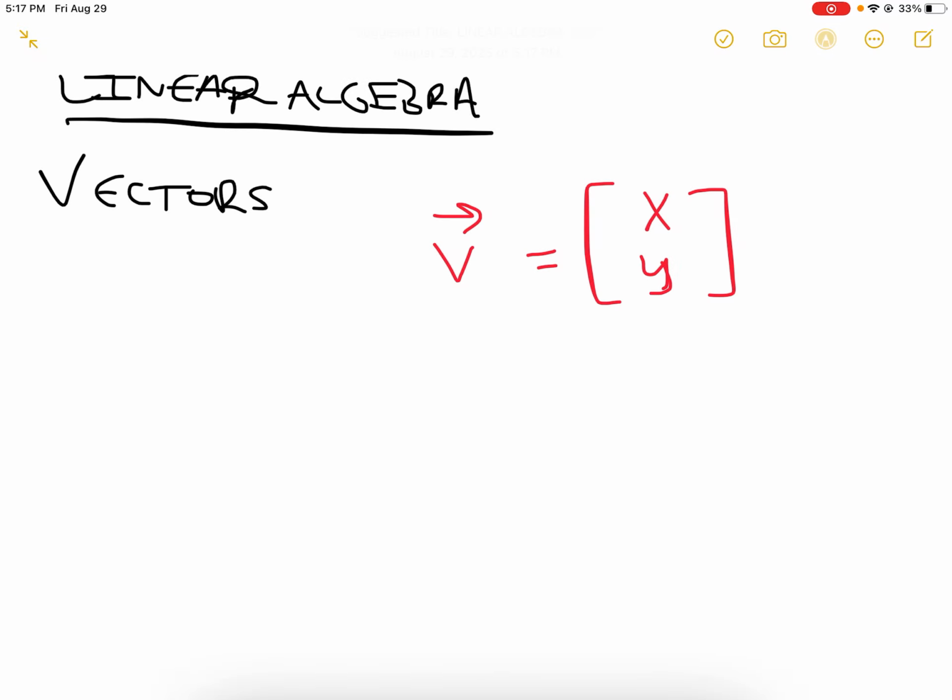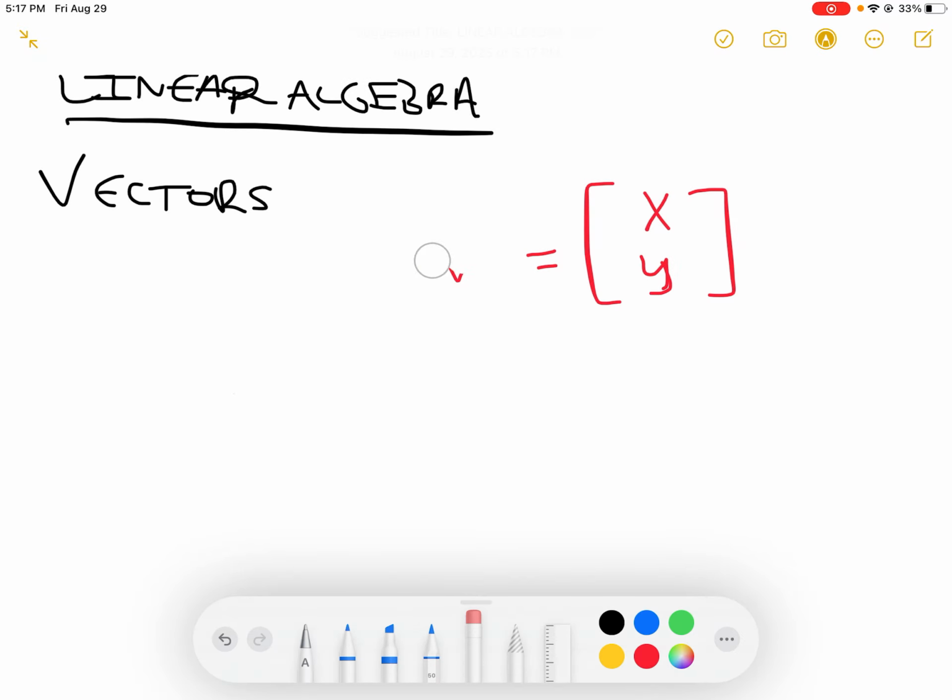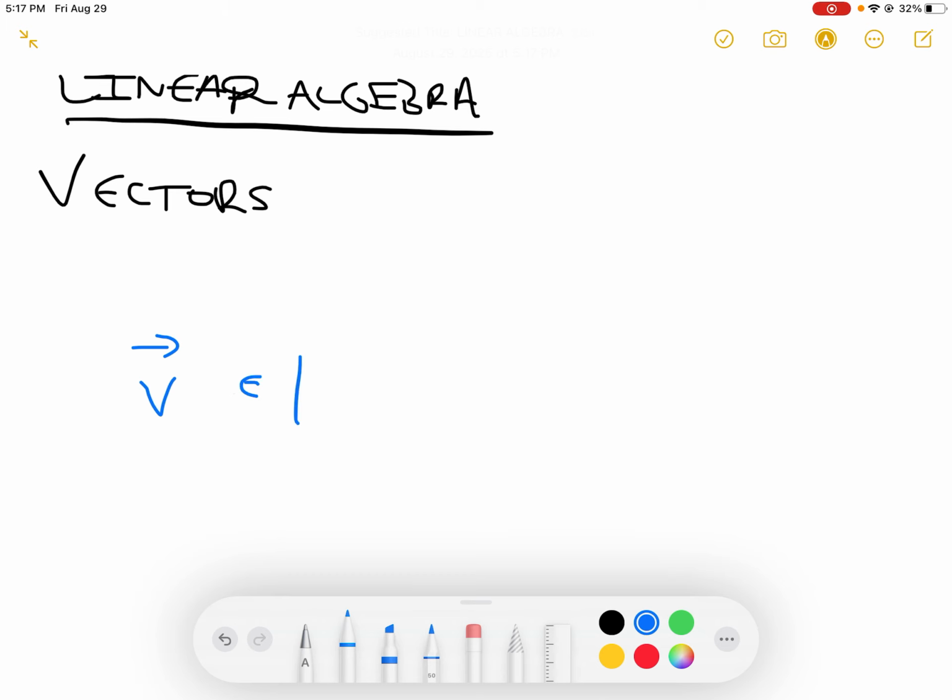But before we talk about that, I just want to add in a little bit of notation real quick. So if you see something like this, sorry, that's supposed to be an N. What that's going to mean is that it exists in the nth dimension.